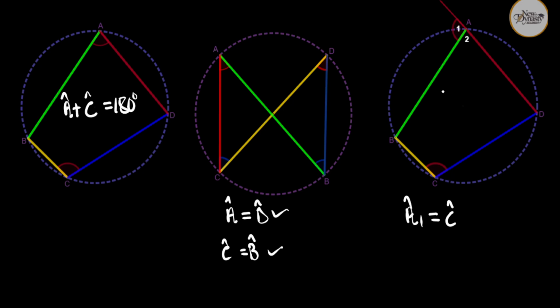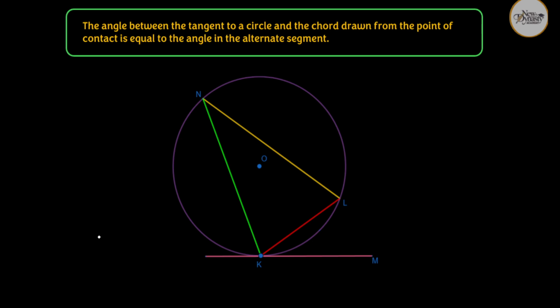And again, here you're going to use the converse of the exterior angle of the cyclic quad. But this is not part of the lesson. It is just added here so that you understand that we have got the main proof of the cyclic quad and ways to prove if the figure is indeed a cyclic quad. And learners tend to really get confused there. But nonetheless, let us move to the next theorem.